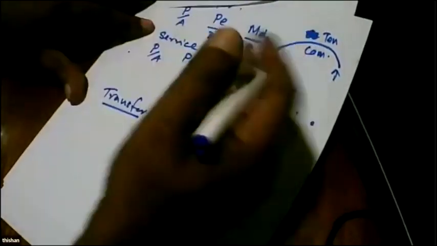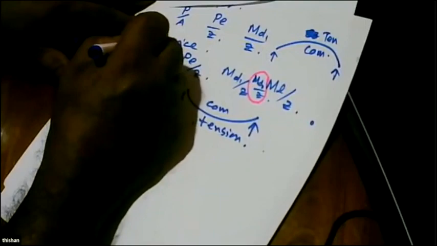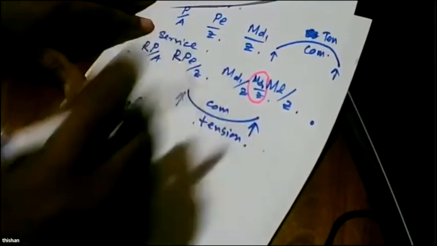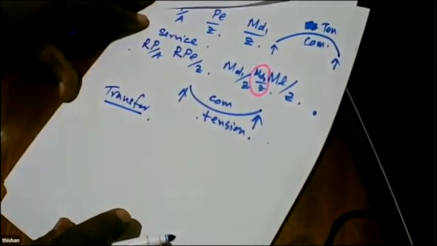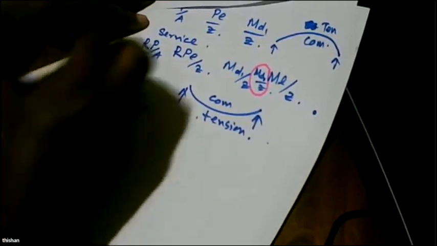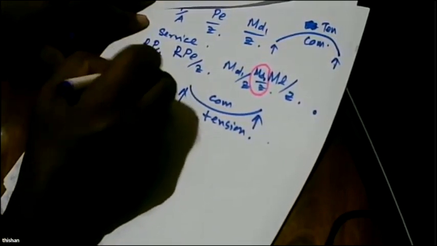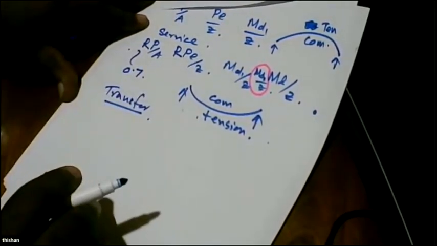In addition to that, because once you do the transfer there will be losses, the P becomes R times P, where R is about 0.7. That means we lose about 30% of the stress in the tendons.